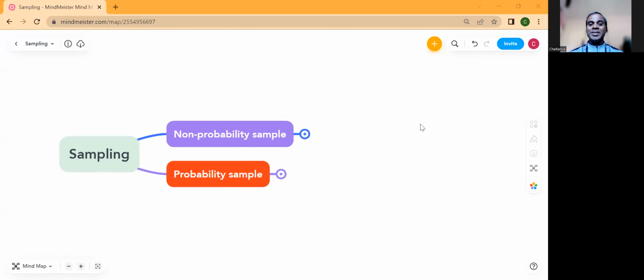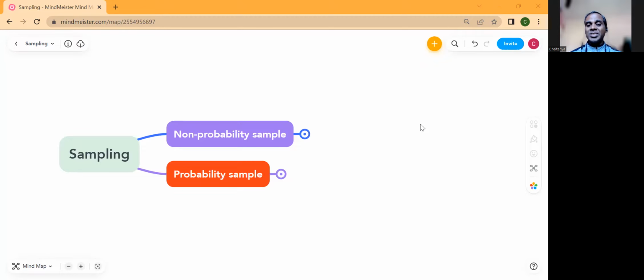Now, there are two types of sampling methods. We will see what they are. As you can see, there are two types of sampling methods primarily. One is called non-probability sample and another is called probability sample. Don't get scared of those words, because probability is a mathematics concept which is not comfortable for many students.